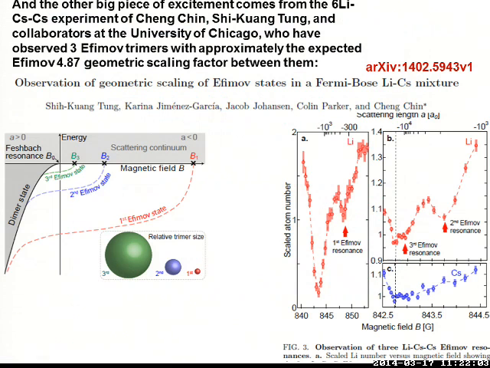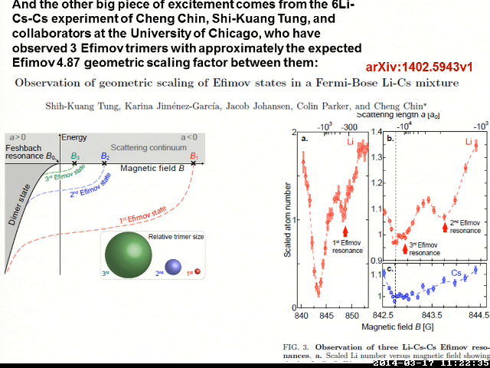One thing that concerns me a little about this is that they shifted what was thought to be known about the two-body resonance position. They shifted that by about a Gauss. So really, for this to be true, and for the Efimov scaling factors they measure to be what they claim, there would have to be a pretty significant revision of the scale of the two-body interactions.